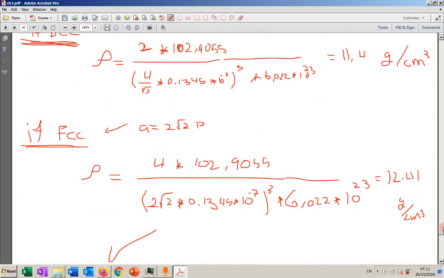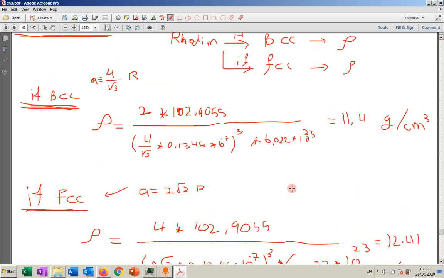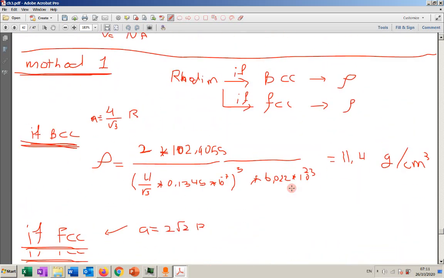We calculate for FCC, it came out 12.41, so now we know, yes, the crystal structure of rhodium is FCC. Well, we're going to explain two more methods to see which one you prefer. Doesn't matter which one, whichever is easier for you, you can use it to calculate the crystal structure. Thanks for listening.